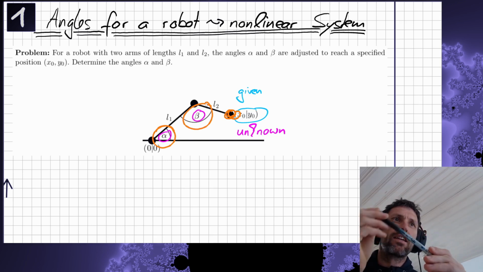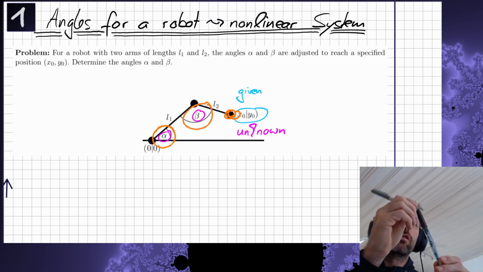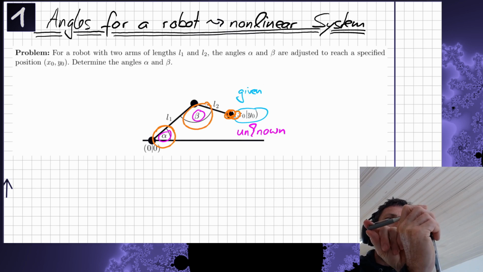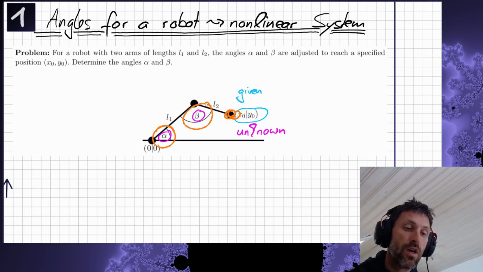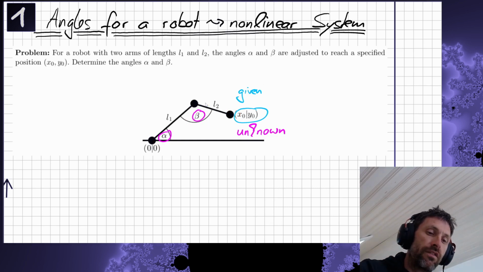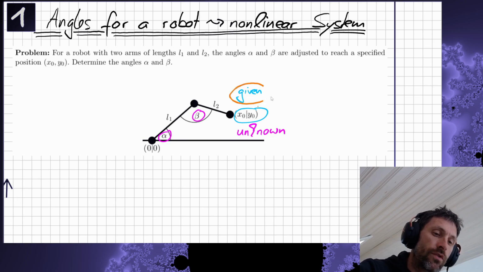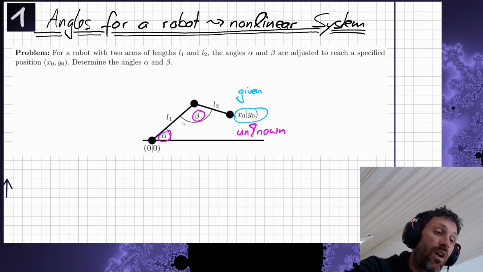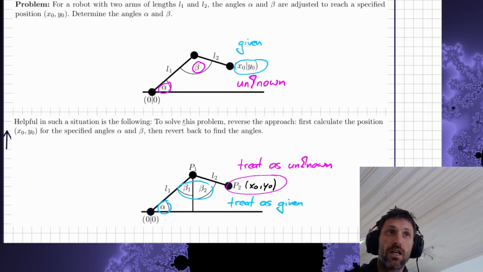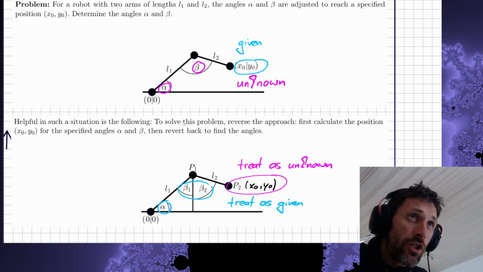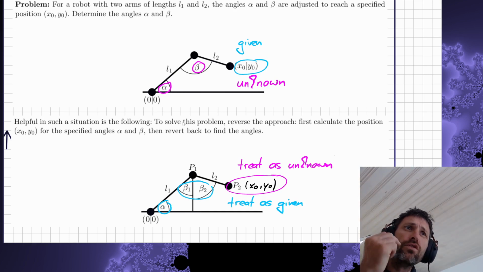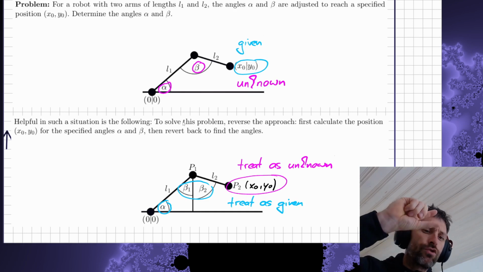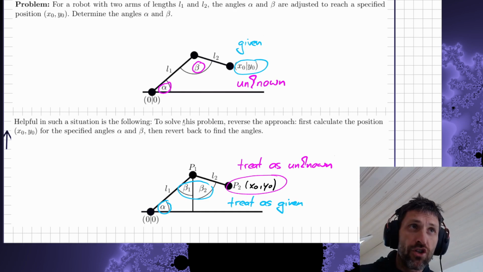You can vary this alpha and you can vary this beta, and by doing so you will reach some position. For given x0, y0, you want to find alpha and beta, but how can you do that? This is not an easy question, and a very good idea is to reverse the approach.